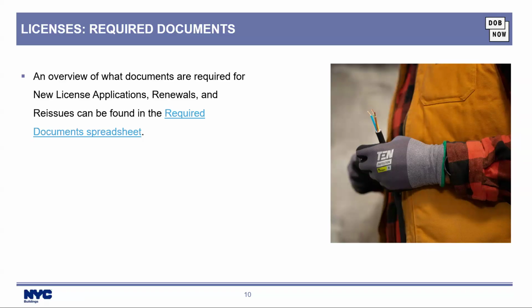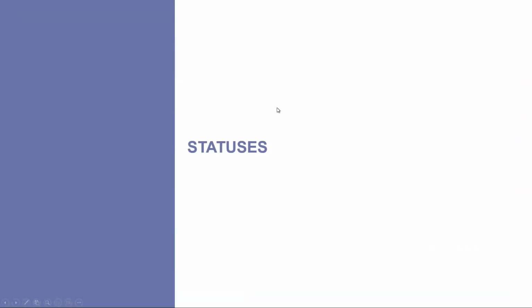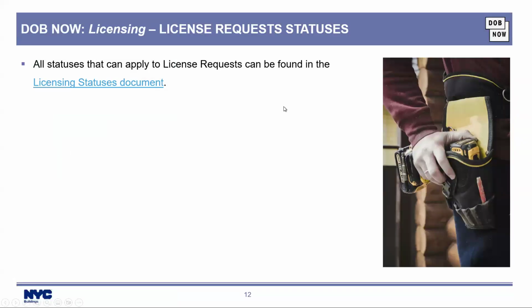And when this is posted, there will be a link to that document spreadsheet in this presentation. You'll also be able to access it directly. Similarly, there is a licensing statuses document covering all of the statuses that can apply to license requests.